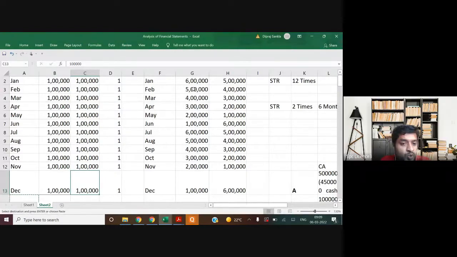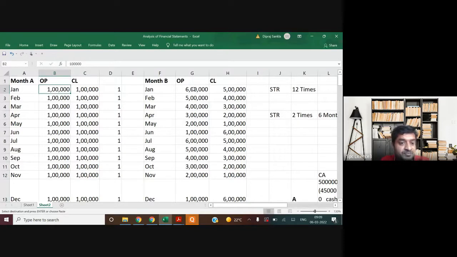Okay, which figure should I consider? Opening figure or closing figure? Or shall I go for average? Tell me, which figure should I consider? Opening figure of stock or closing figure of stock? Or is it better to always consider average? What do you think?